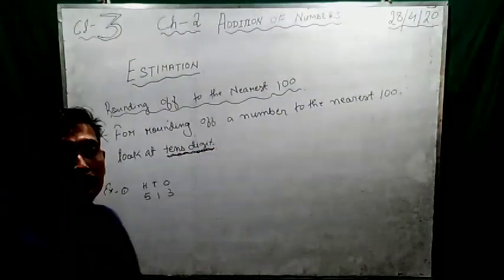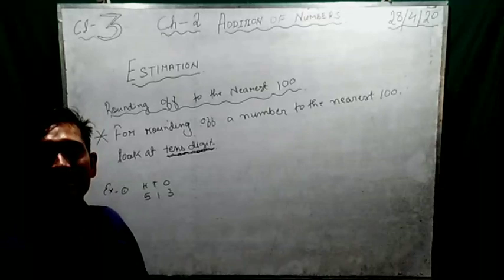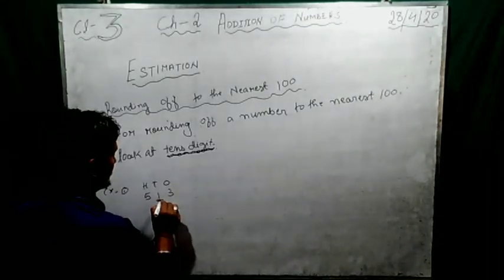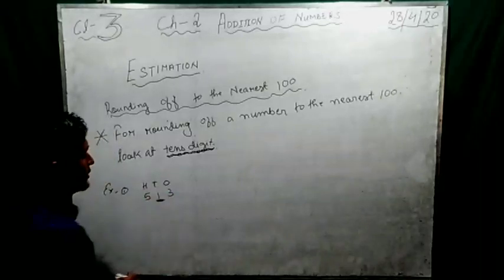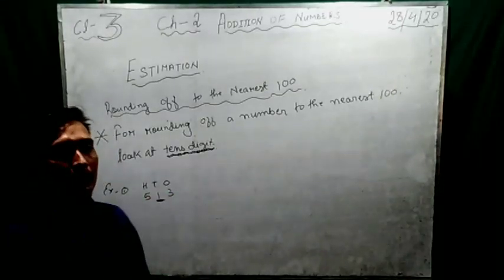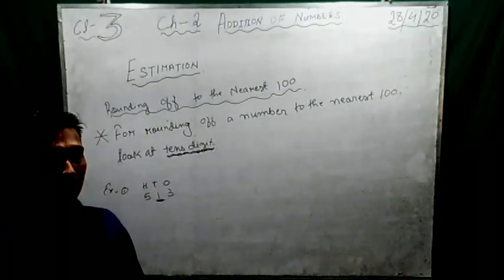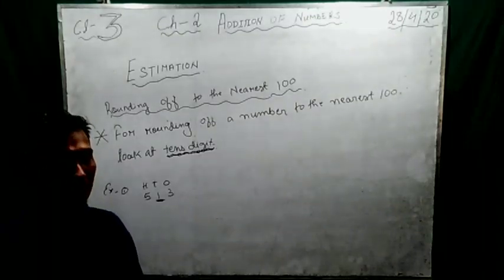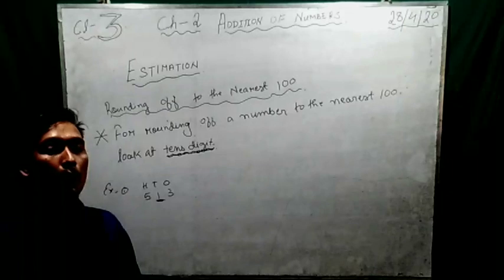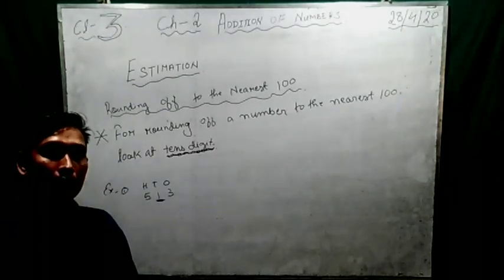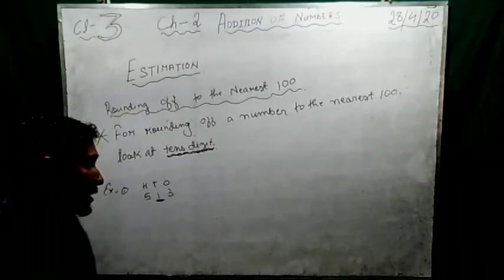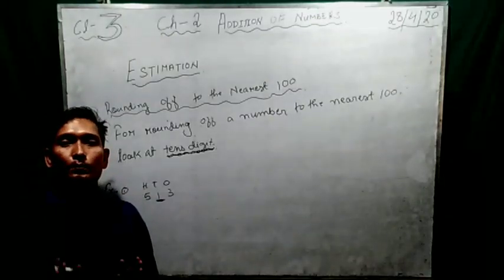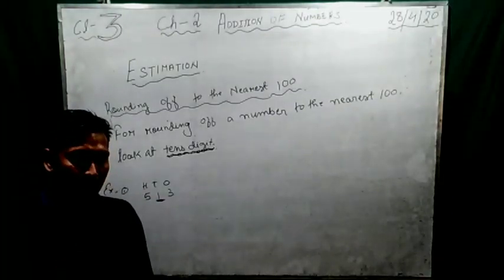First find out whether this number is greater than 5 or smaller than 5. Obviously 1 is smaller than 5.